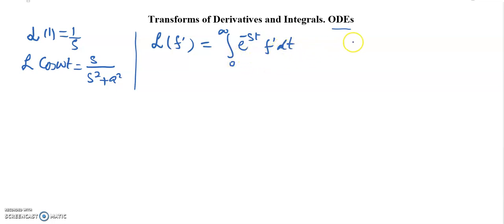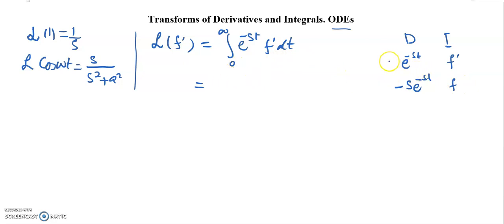This integral can be expanded by integration by parts. If I use the DI method, the derivative part is e to the power minus st, its integral is minus e to the power minus st over s, and for f prime the integral will be f.